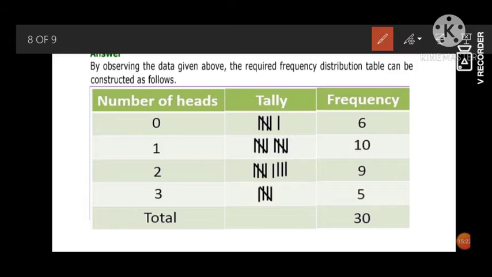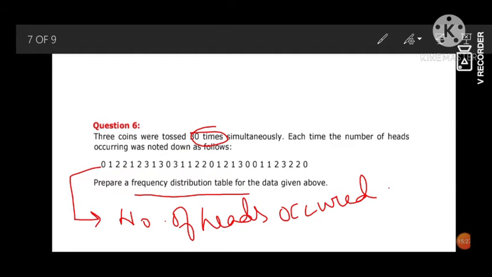From the number of heads occurred, as you can see in the question, the numbers vary from 0, 1, 2, 3. No number is more than 3, and the coins are also tossed only 3 times simultaneously. So either there will be no heads in one simultaneous tossing, or one head, or two heads, or three heads.